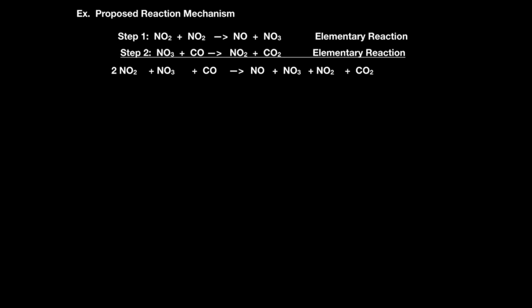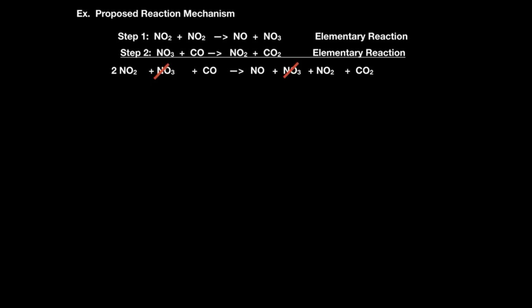Now, the one thing you do have to do once you add 2 elementary reactions together is simplify. The first thing that I can do to simplify this, if you notice I've got NO3 on my reactant side and NO3 on my product side, is cancel out those NO3s. The other thing is that I have 2 NO2s on my reactant side and 1 NO2 on my product side.